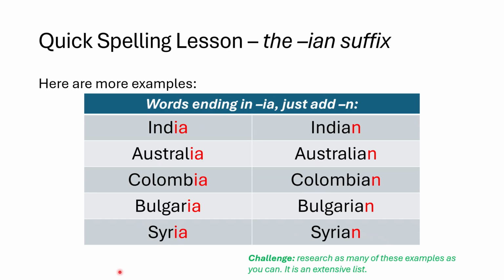When a word ends in the letters I, A, just add N. I will read these words. I will pause. When I pause, you say the words.